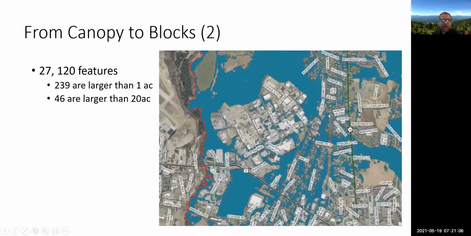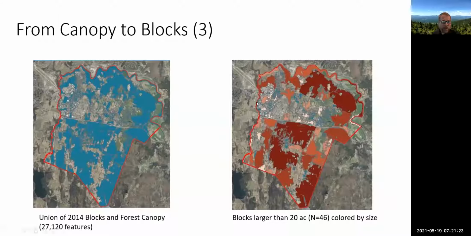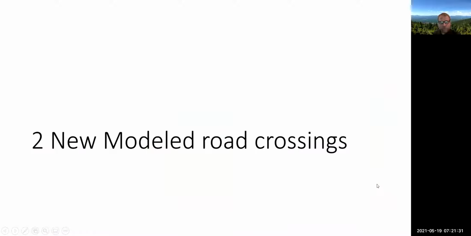And so in this new definition, there were 27,000 features that came out, 27,000 forest blocks in the town, but we've really focused in on those 46 that are larger than 20 acres. You can see all 27,000 at the left. You can see the 46 of them at the right, and here I colored them by size.